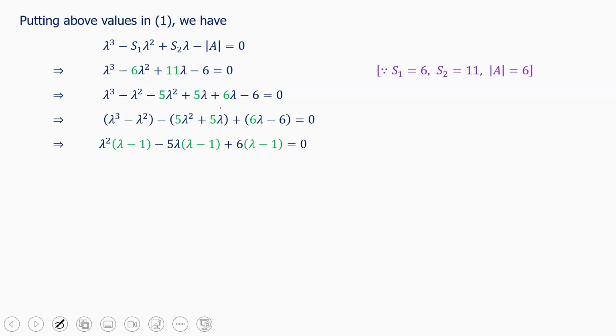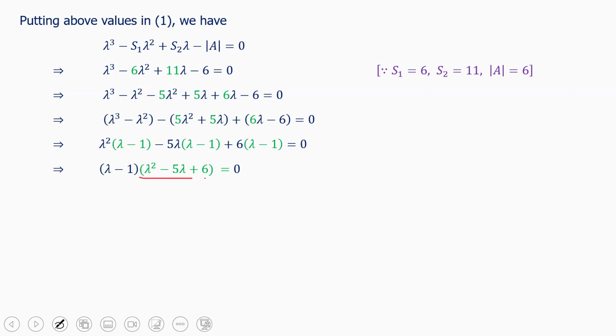And from the last part, if we take 6 outside, it becomes lambda minus 1. So we have taken lambda minus 1 common. What is remaining in the first part? It is lambda square minus 5 lambda plus 6, which is equal to 0.